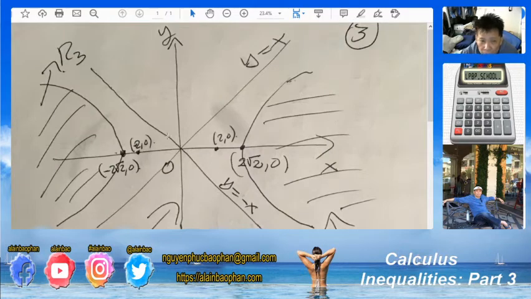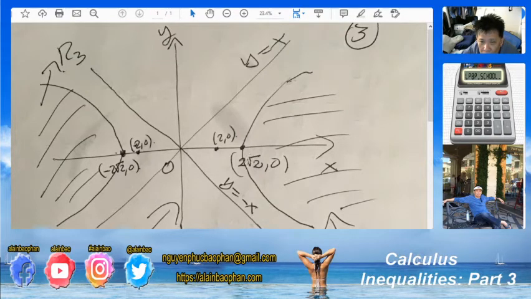Okay, so here we graph it. Look at the graph. Since the foci lie on the x-axis, c squared is a squared plus b squared, 4 plus 4, so c squared equals 8.